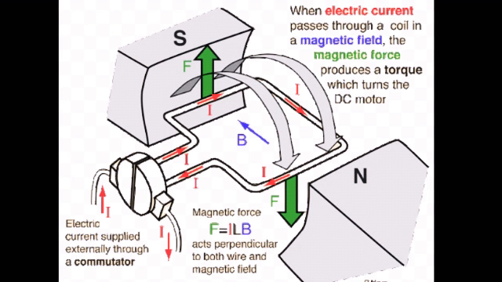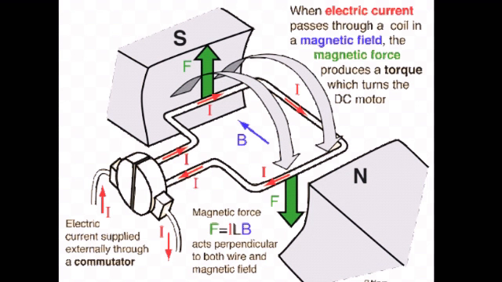And at last, we apply a commutator for DC motor operation, and it converts DC supply into AC supply and AC supply into DC supply.